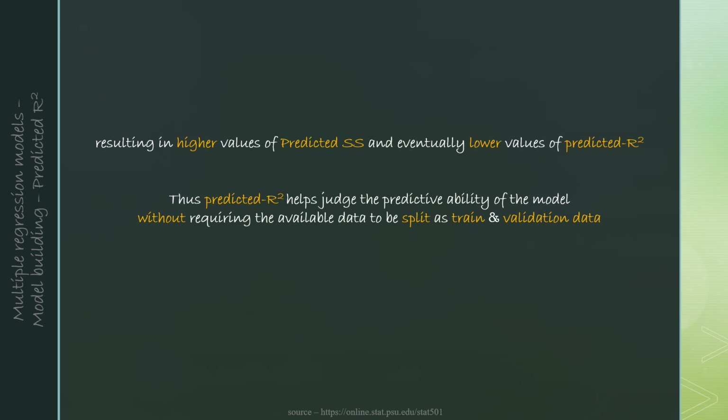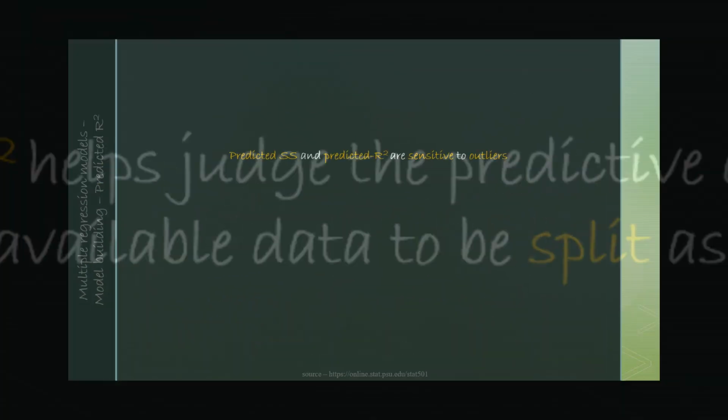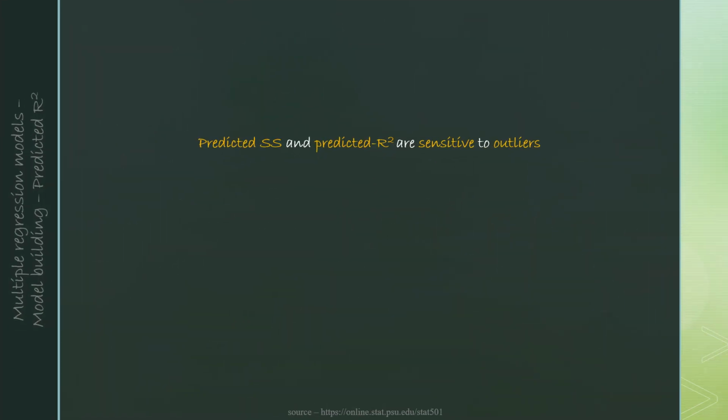Thus, predicted R-square helps judge the predictive ability of the model without requiring the available data to be split as train and validation data. A high R-square with low predicted R-square indicates a model that is perhaps overfitted. Predicted sum of squares and predicted R-square are sensitive to outliers.